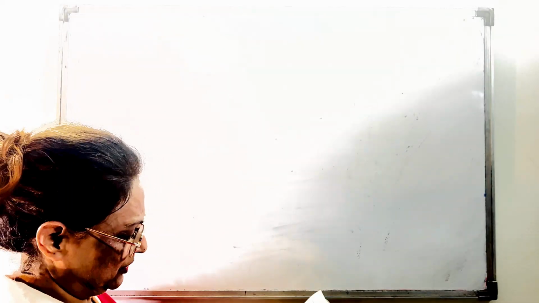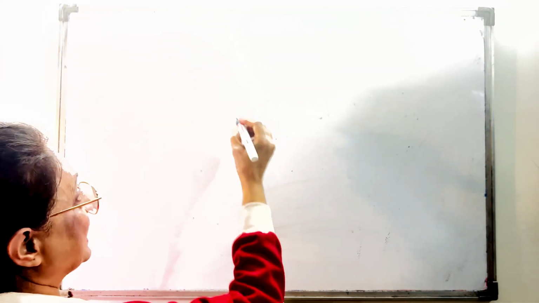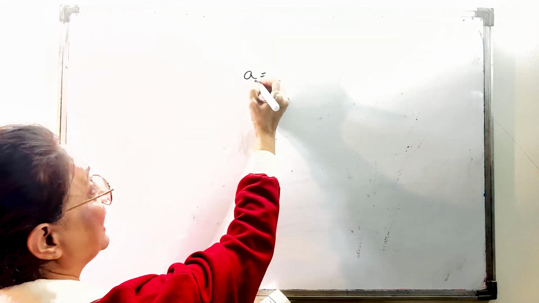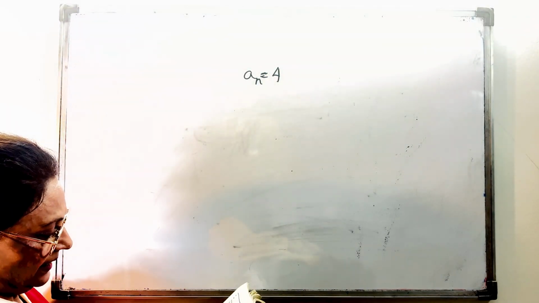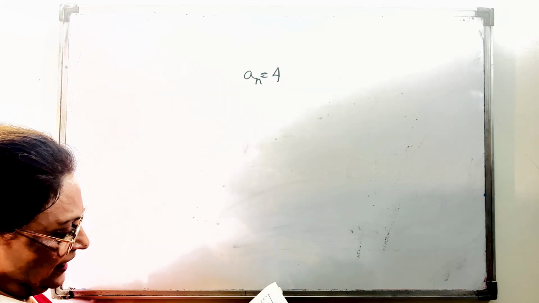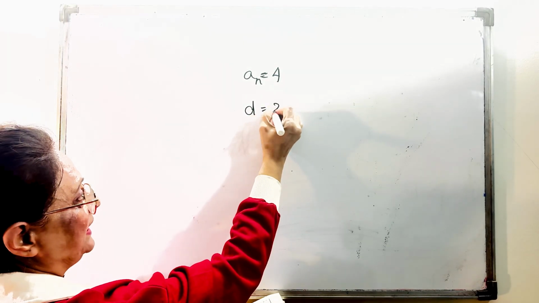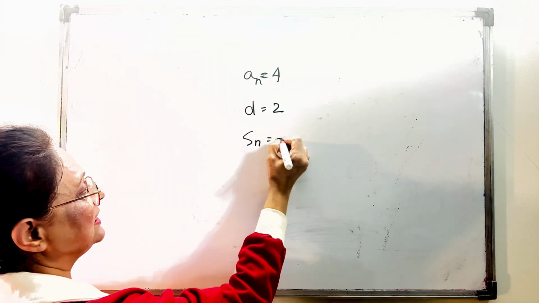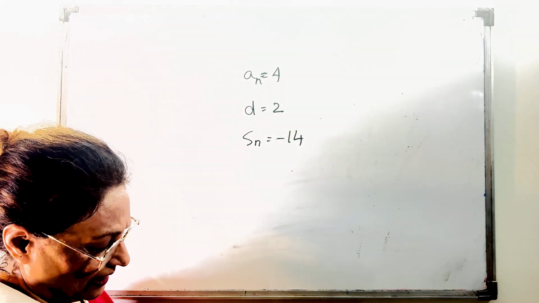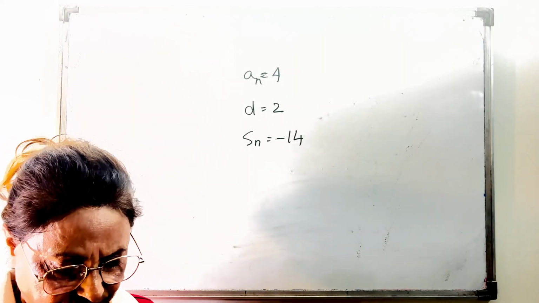Okay, next, let me do one more, which I saw my students finding a little tough. An is given to be 4, D is 2, Sn is minus 14. You're asked to find n and a.